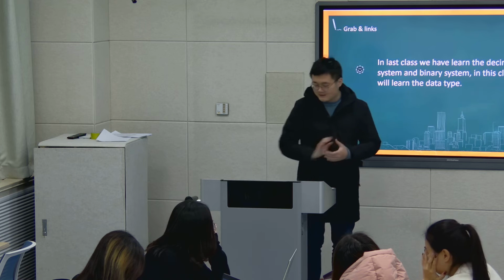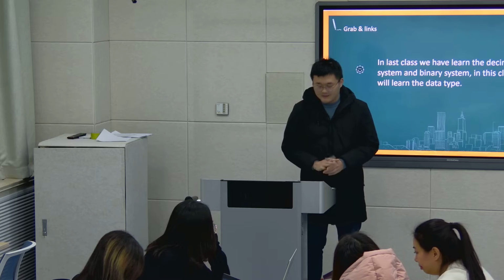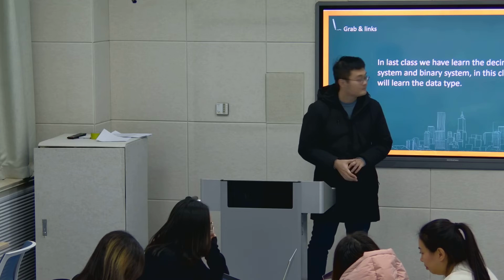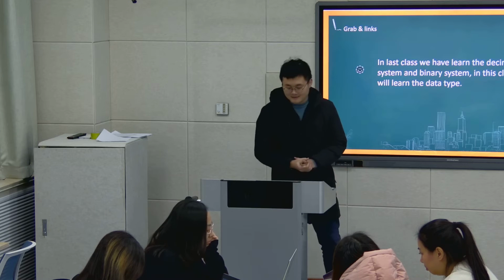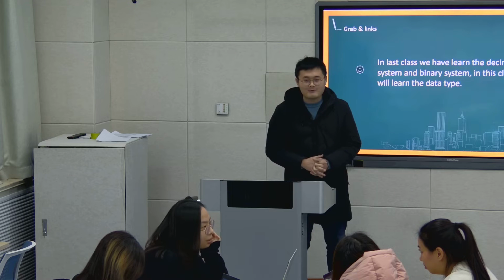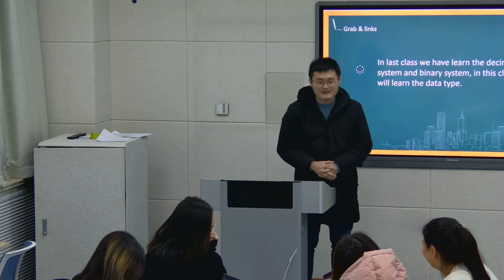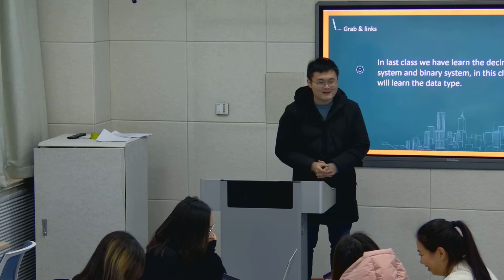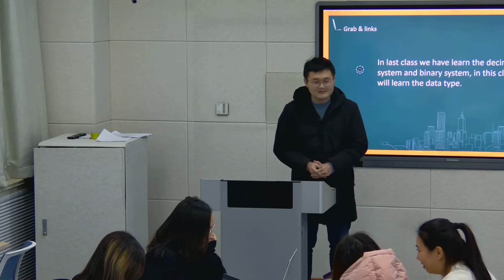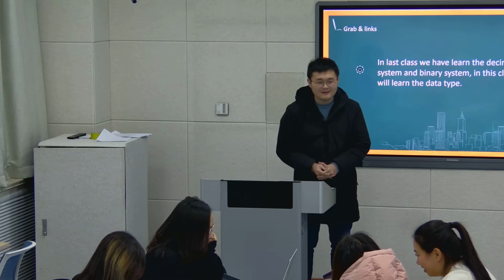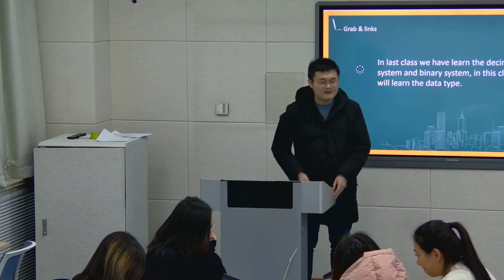In the last class, we learned the decimal system and the binary system, and I think everyone could write that and understand that, right? You still remember what a binary system is, right? Yeah. It's made of 0 and 1, and it is 0 and 1 that the computer is made of, right?